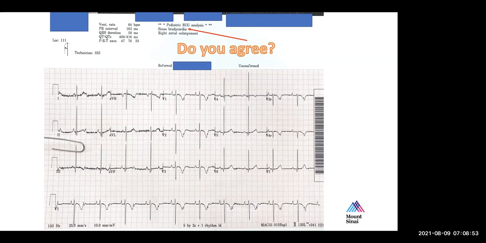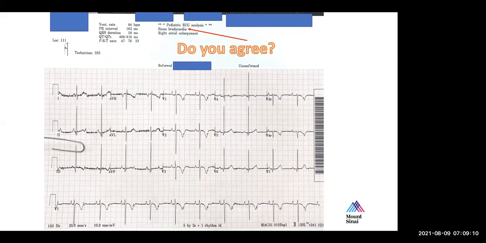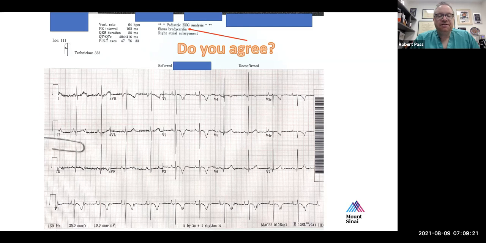So they look a little early. I'm suspicious that these might be blocked PACs or some non-conducted atrial beat. So I wouldn't call it sinus bradycardia. And then the right atrial enlargement part, sure, I think the P waves are kind of tall in lead 1. Right, so agree. So this is some kind of heart block, right?